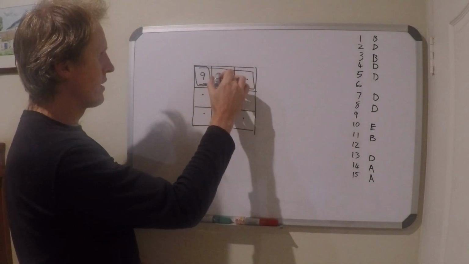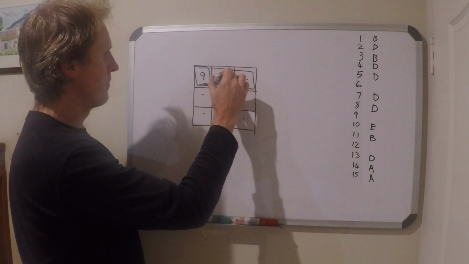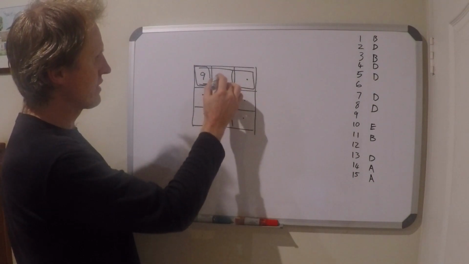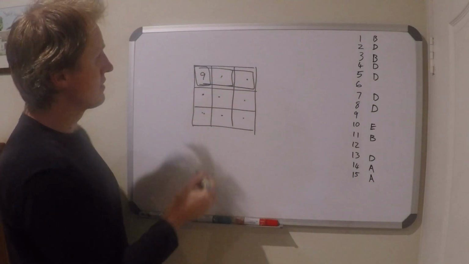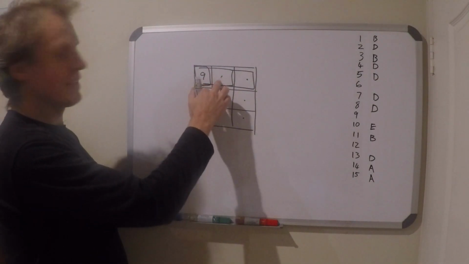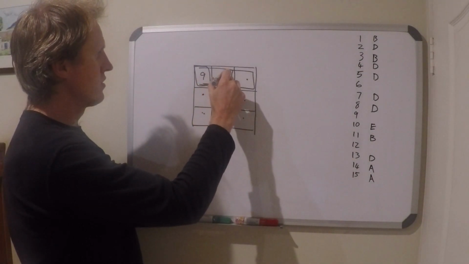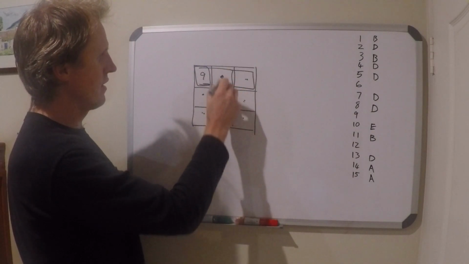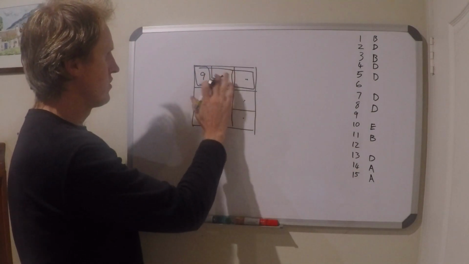Let's say we move across to here. If this is the top left corner, obviously now we've only got 6. We can't count these ones because we've already said that that's the top left corner. So it's from there to there, from there to there, and so on.